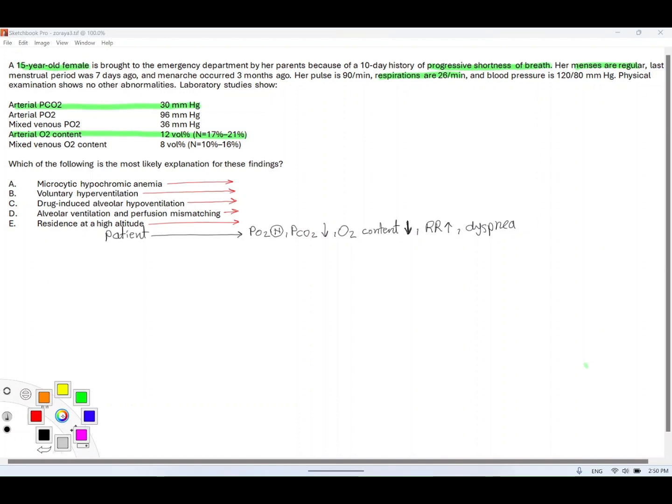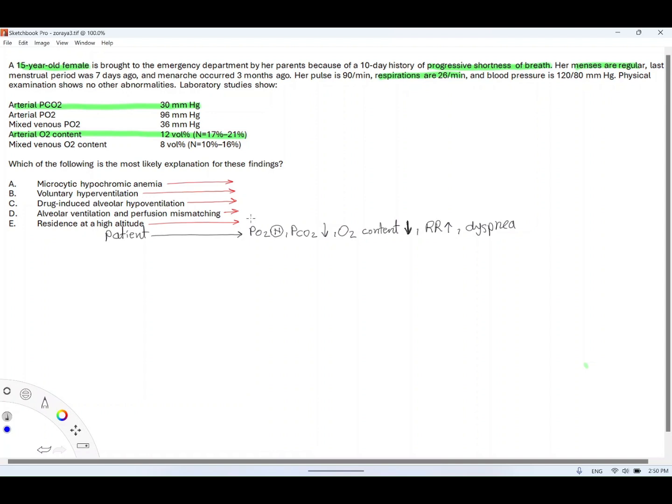But just to understand, I want to go over something first. Let's just answer. Let's go with E, which is next to my patient. In E, we expect the partial pressure of oxygen to be low.